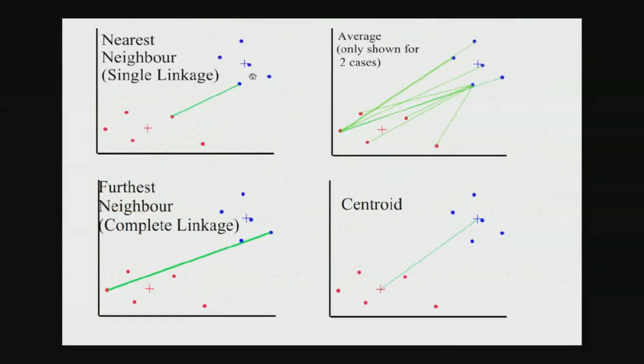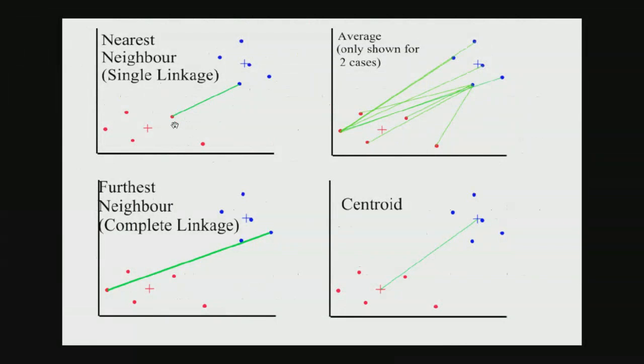This is a simple example. If this is single linkage, suppose we have two clusters, the blue and the red cluster. The single linkage will be the closest, the nearest neighbor. This will be how you define the distance between the two clusters. But remember, this just defines the minimum distance.